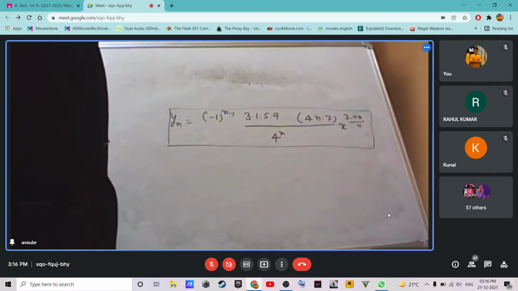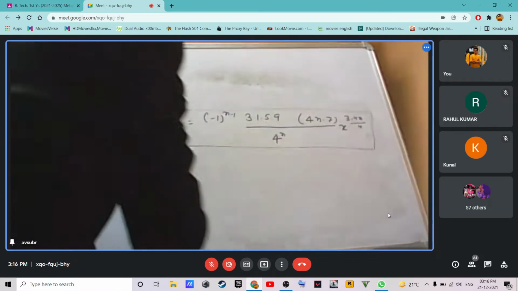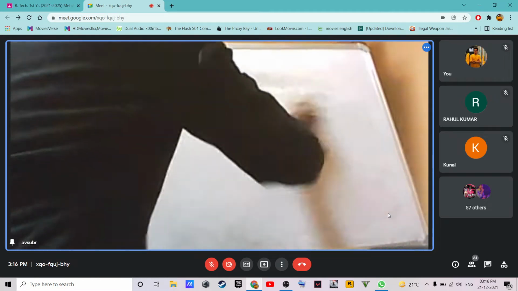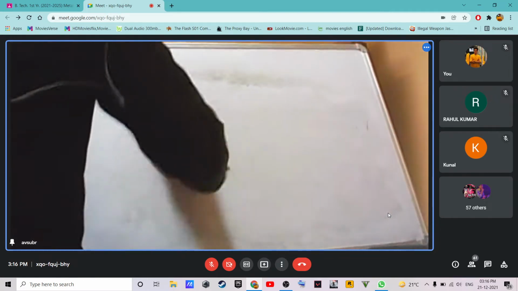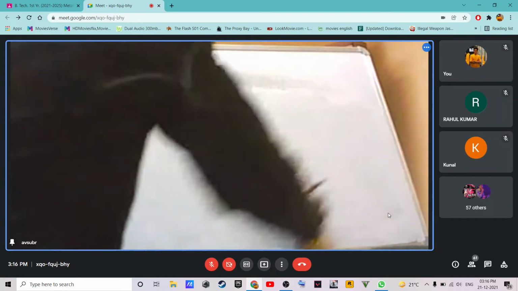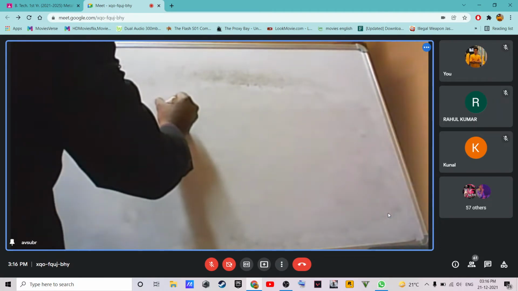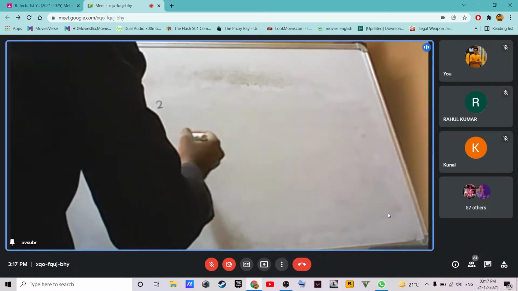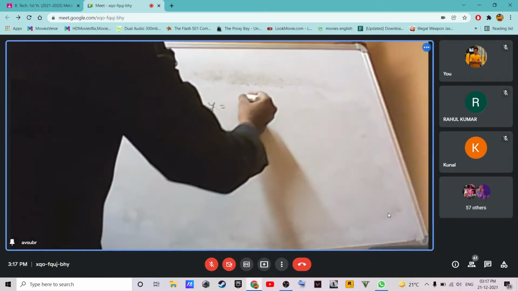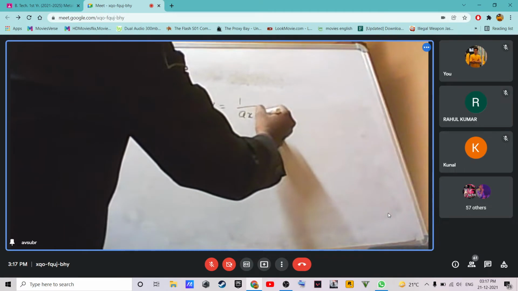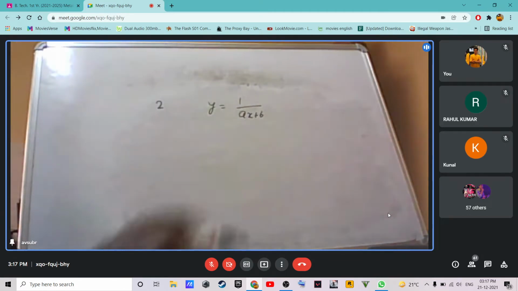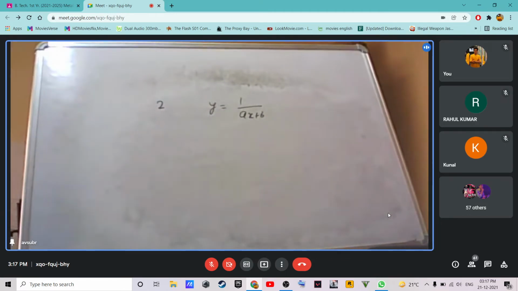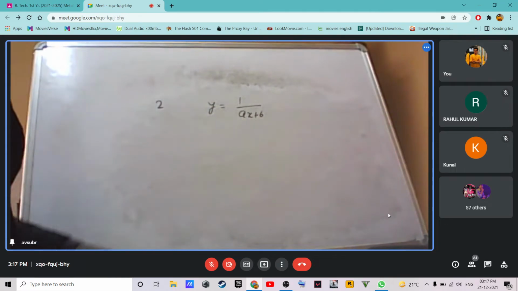So now next, let us see the nth derivative of y equal to 1 by ax plus b. First we saw ax plus b to the power m.